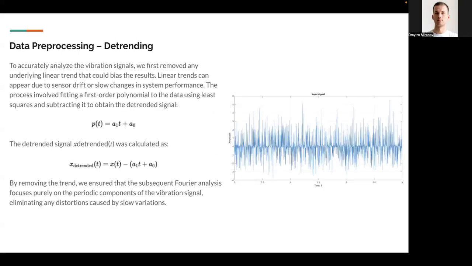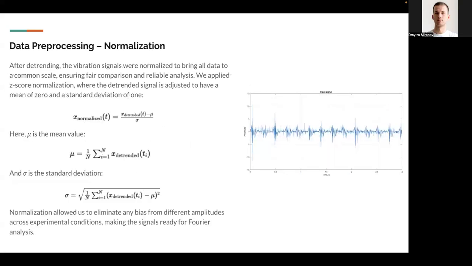Regarding data preprocessing, first we performed the detrending to remove any linear trends caused by sensor drift or slow changes in system performance. This ensures more accurate signal analysis. Next, we applied normalization using the z-score method, which brings the signals to a common scale, allowing for correct comparison of different datasets.